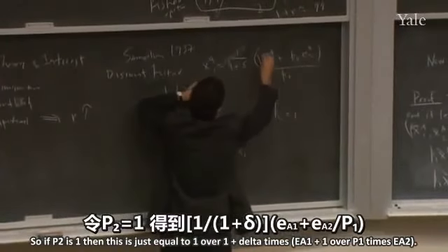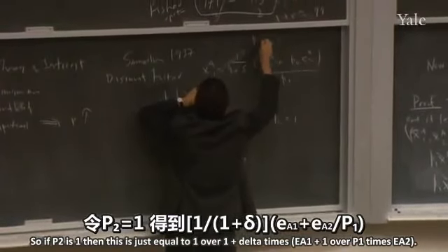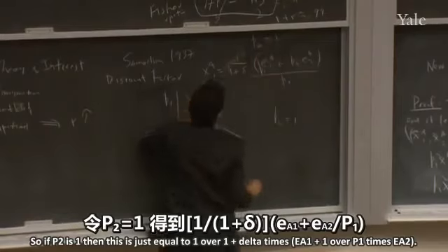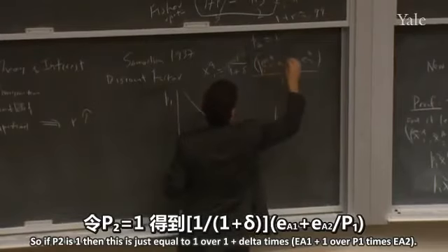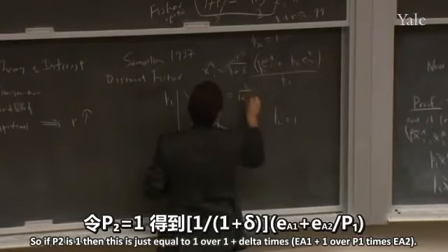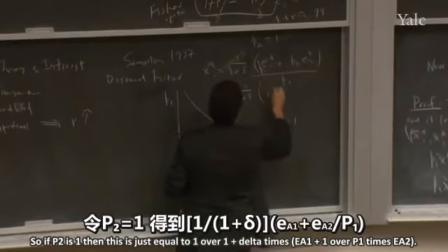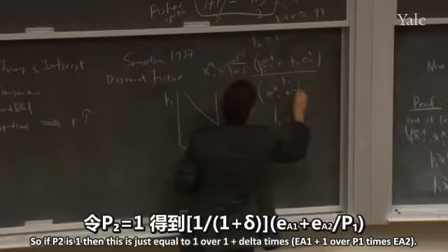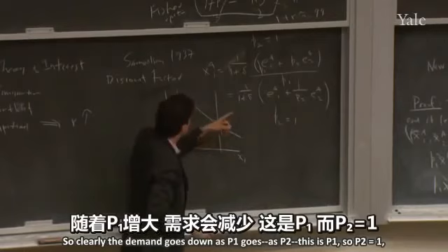So if P1 is 1 and P2 is 1, then this is just equal to 1 over 1 plus delta times E_A1 plus 1 over P2 times E_A2.